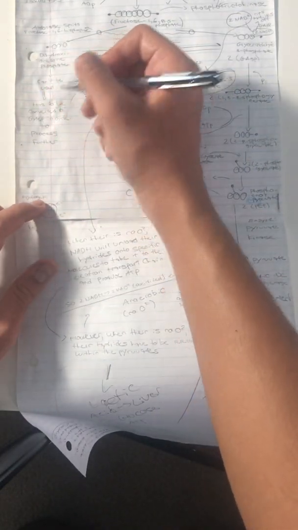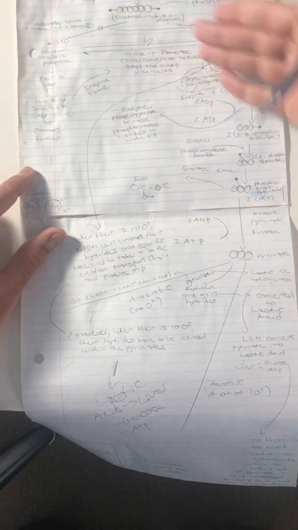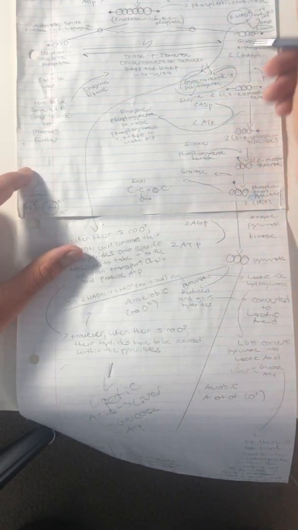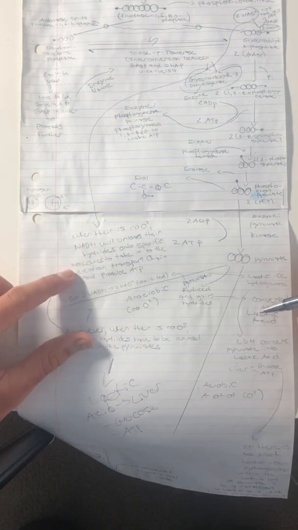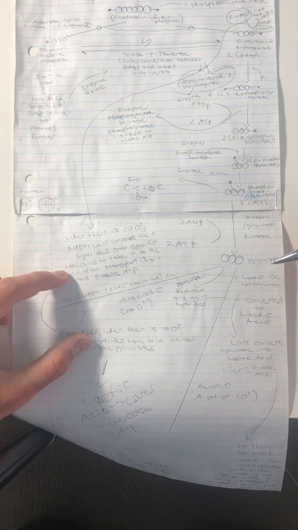This DHAP can't really continue the process further here, so it has to continue the process here, and everything turns into 2. That's why you can see a 2 in front of almost every single process that we were talking about. That's why there's 2 pyruvates instead of just 1.